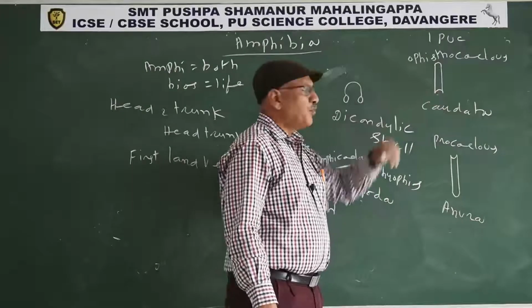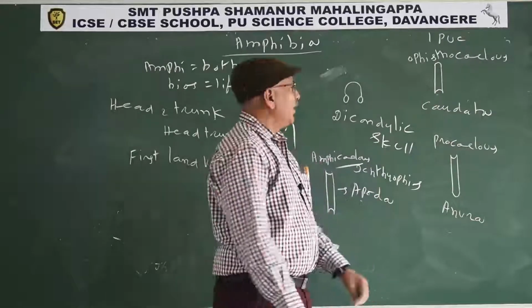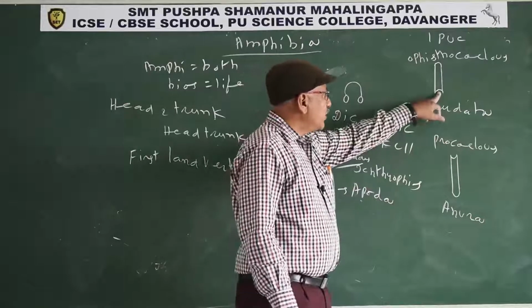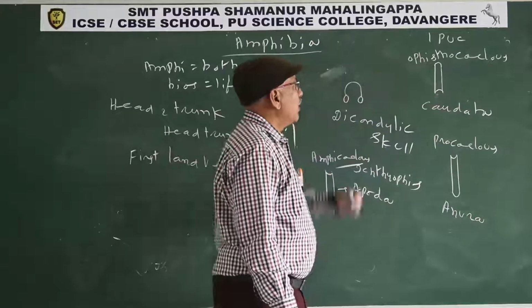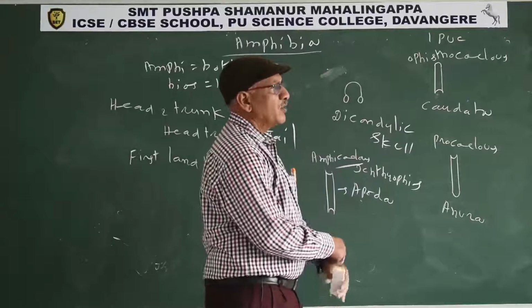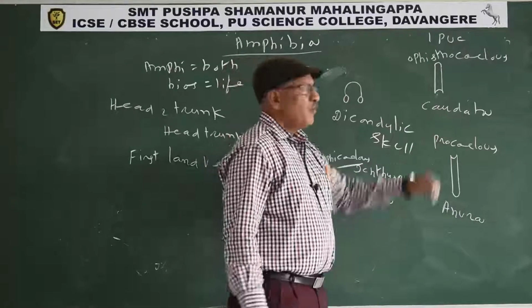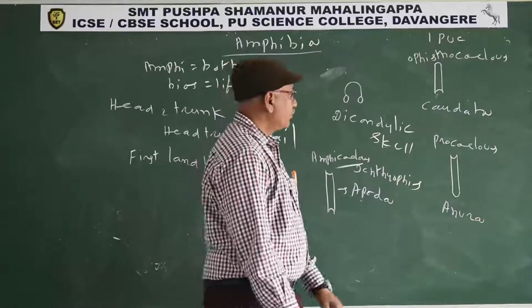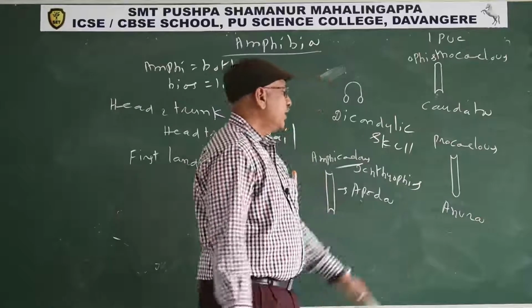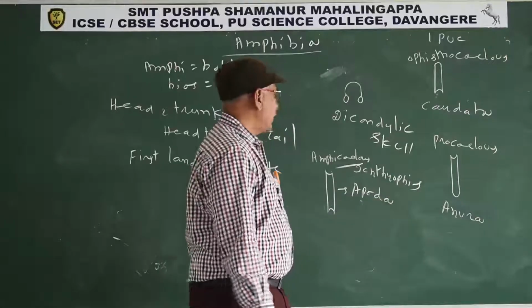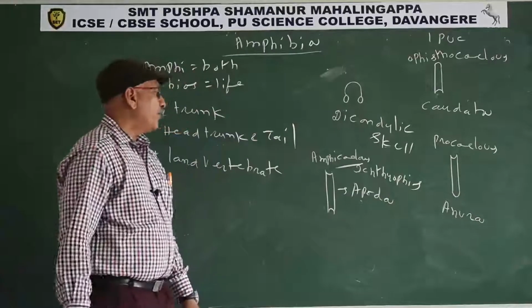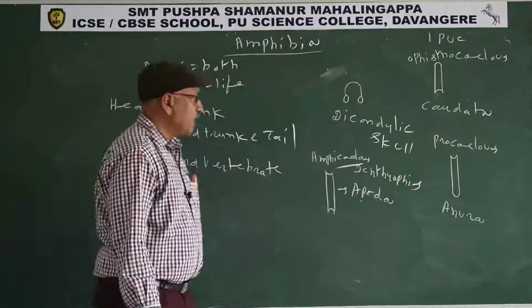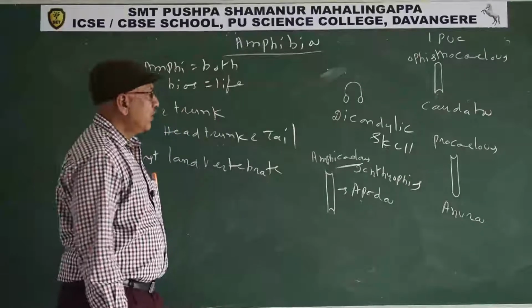Concavity present at the posterior part of the vertebrae. If concavity present at the posterior part, known as opisthocoelous vertebrae, seen in members of order urodela. Example, salamandra. Procoelous vertebrae in Anura, example frog and toads. Apoda, amphicoelous vertebrae, example ichthyophis, limbless amphibian.